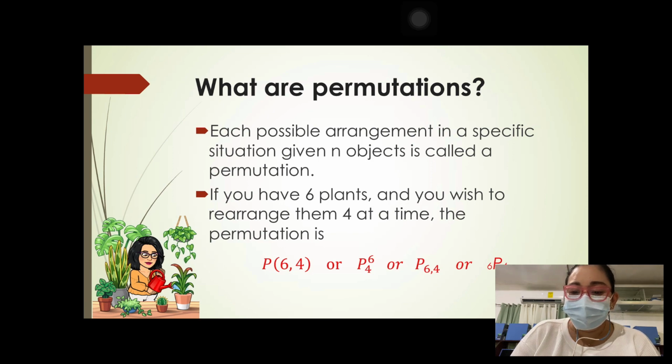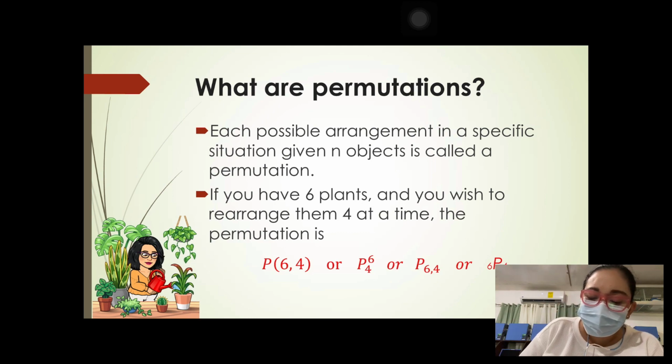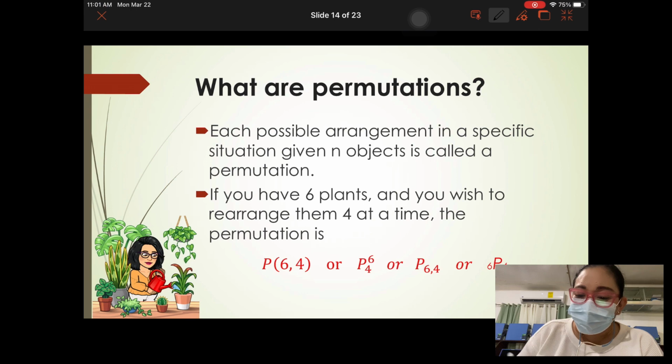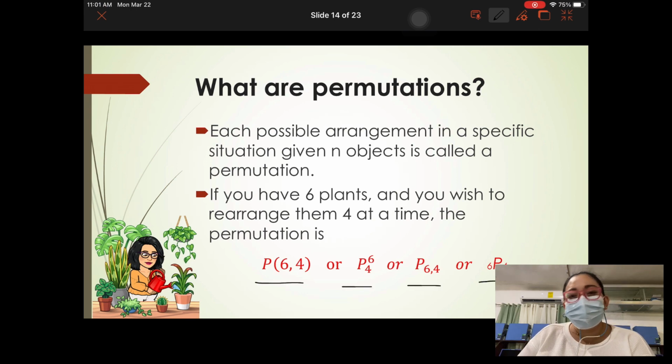Okay? Now, if you have 6 plants and you wish to arrange them 4 at a time, ang itsura niyan is like this. You read it as 6 taken 4 at a time. Okay? So, ito po yung ating mga notations. Again, you say it as 6 taken 4 at a time.